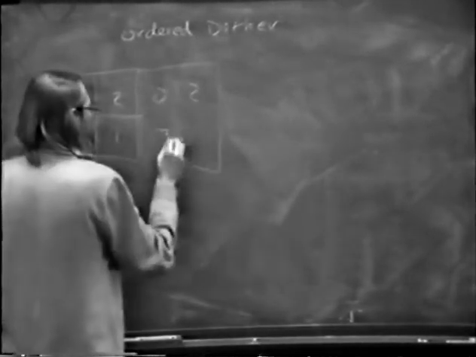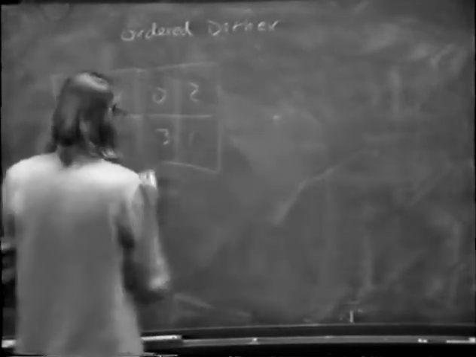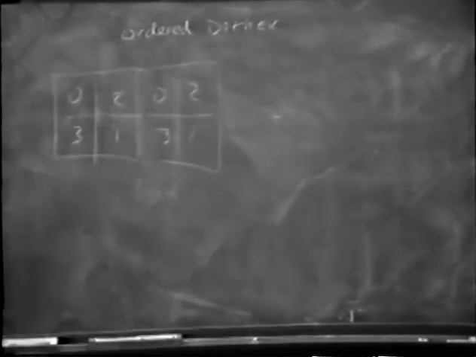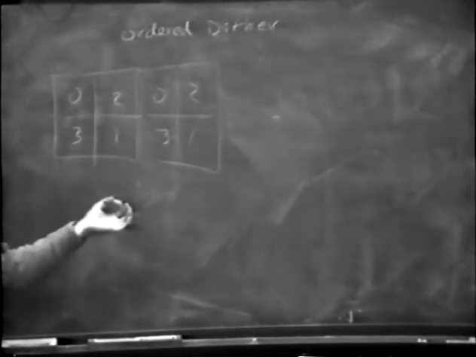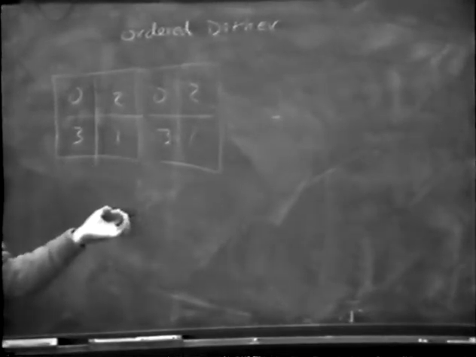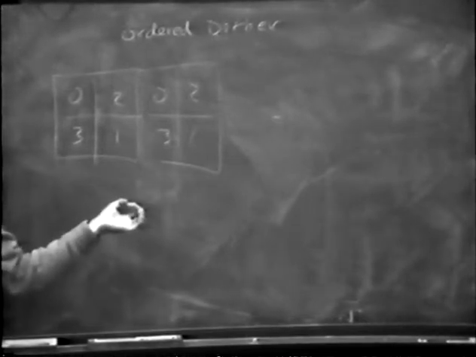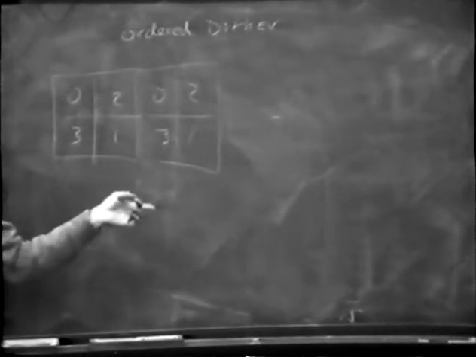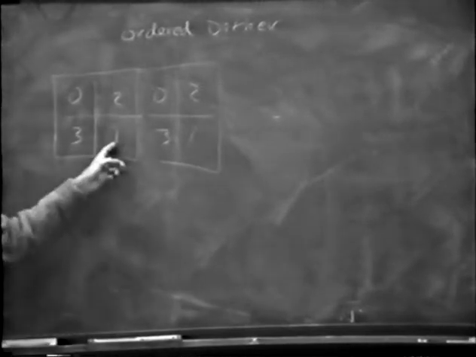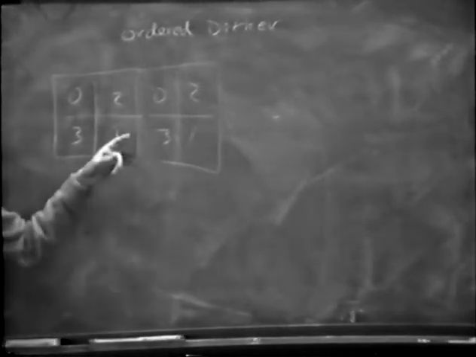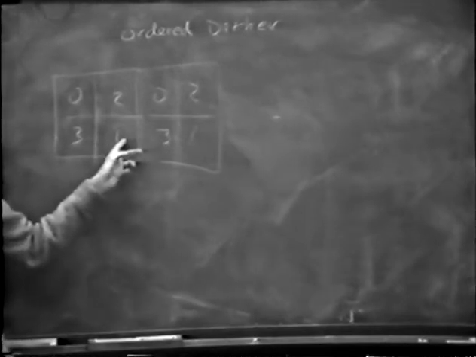0, 2, 3, 1, etc. down like that. Now what this does is when somebody hands you a pixel value, you multiply it by 3, so you get a number between 0 and 3 instead of 0 and 1, and you compare it with the threshold that's built into that picture element. If it's above the threshold, you color it white, and if it's below the threshold, you color it black.